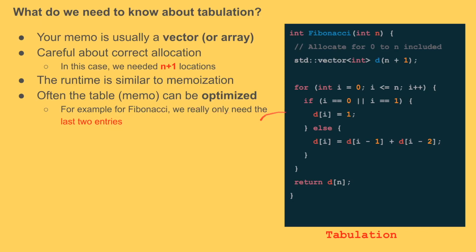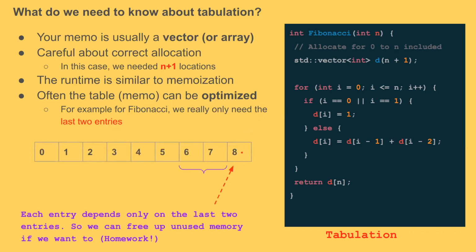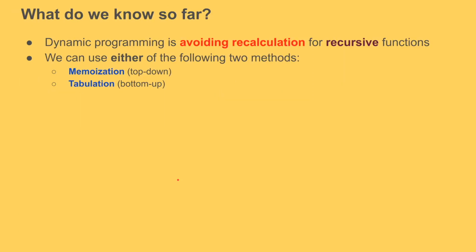For example, here, when we are calculating each new location, we only need the last two, n minus 1 and n minus 2. So that means this huge table, which is of size O of n, can really be reduced to only two locations. Implementing Fibonacci using only two locations, I leave as a homework assignment for you guys. It's basically what we just said, and it shouldn't be too hard.